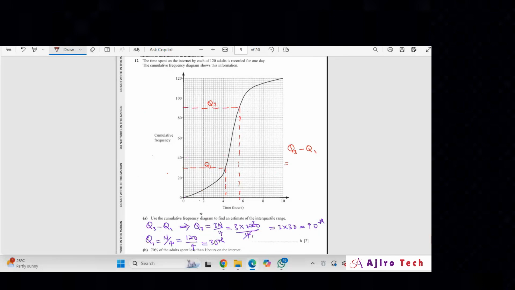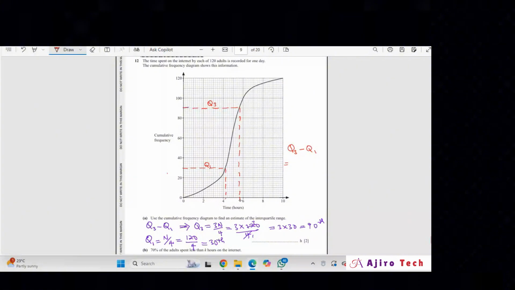Let me say 0, 0.1, 0.2, 0.3. I think it is 0.2 each. So 0.2, 0.4, 0.6, 0.8, 1.0, 1.2, 1.4, 1.6, 1.8, 2.0. So this place now will be 4.2, I mean.